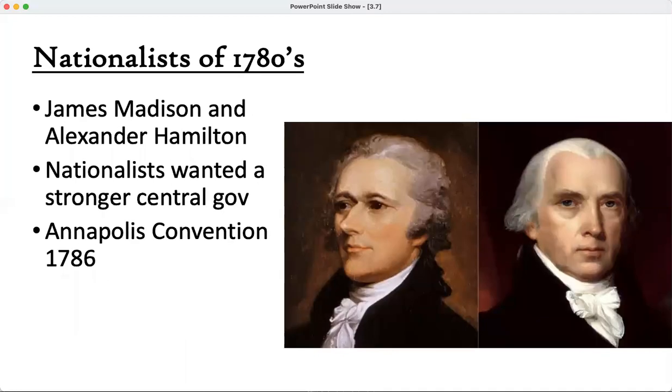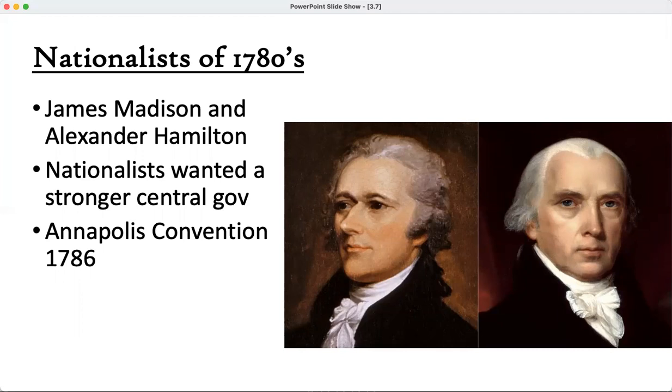So in the 1780s, you see the rise of these nationalists led by James Madison and Alexander Hamilton. These nationalists want a stronger central government, and they take a stab at it with the Annapolis Convention in 1786. It's called by Virginia, and they want to strengthen the Articles of Confederation.